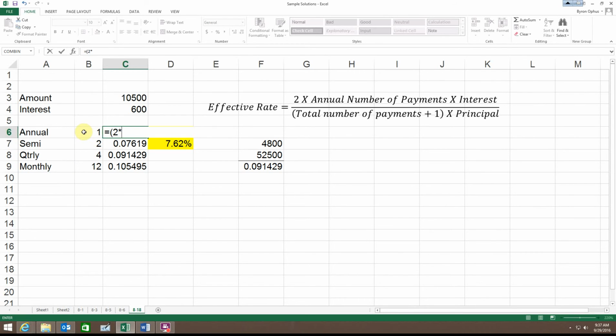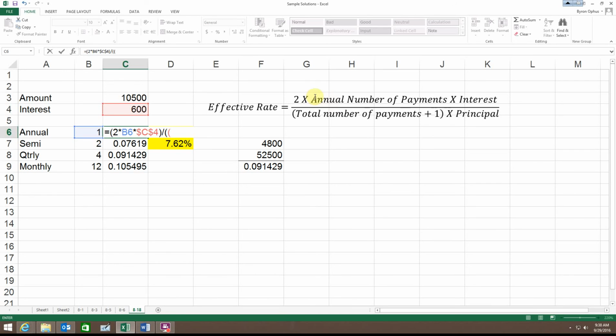I got 2 times the annual number of payments, times the interest, and let's hit the F4, so it'll put the dollar signs on that, and I put my parentheses around there and put it divided by the total number of payments. I better use parentheses here. I think I'm going to need 2 sets. The total number of payments, in this case, is the same number I have right here; annual number of payments and total number of payments are the same in this case.